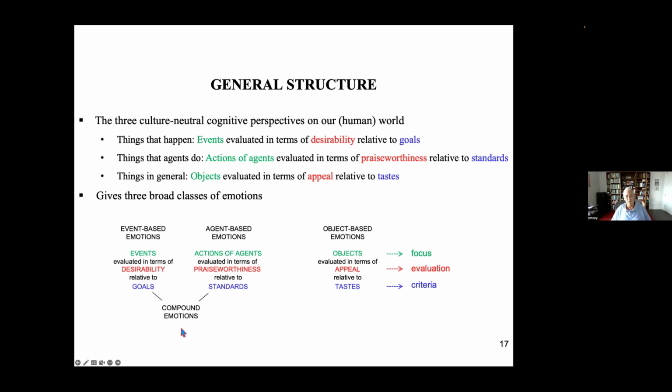These are compound emotions. Interestingly for us, we have an emotion which we refer to as anger, which involves both evaluation of the blameworthiness of an action and the undesirability of the associated event.